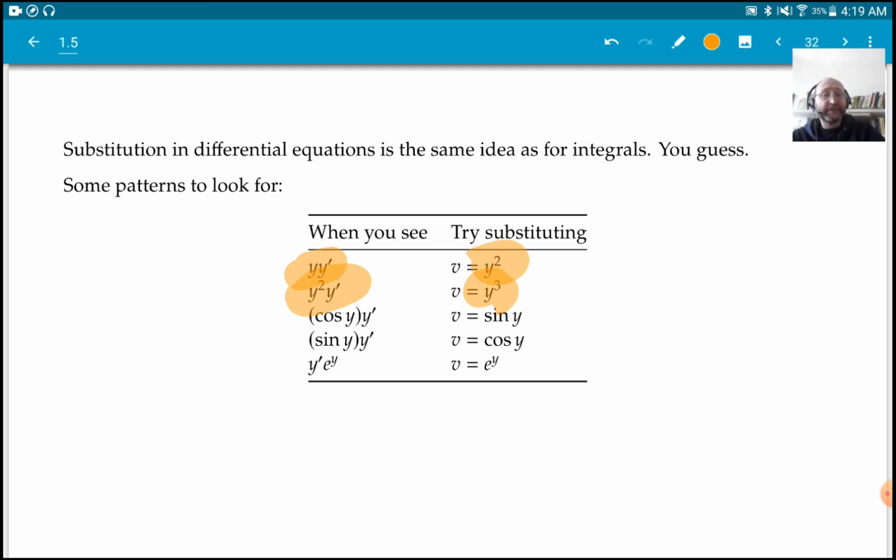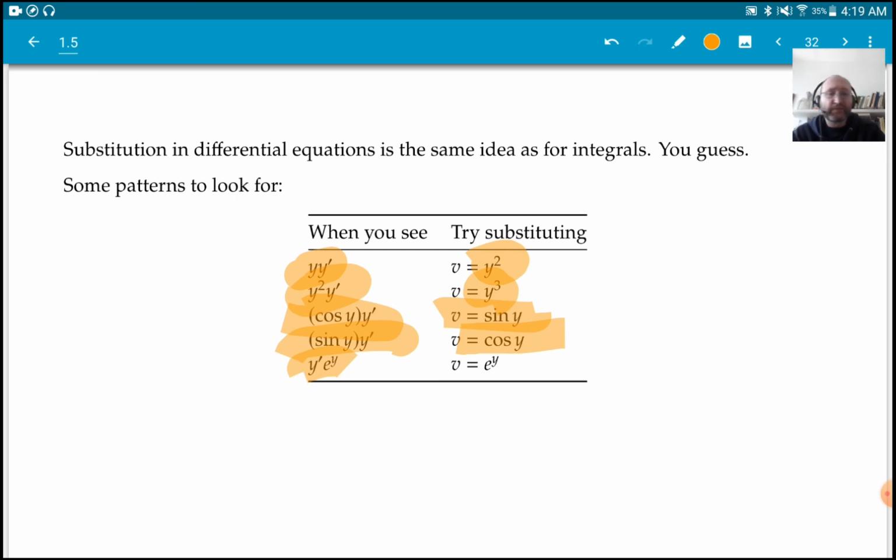So when you see y squared, try y cubed. It's not quite exact, the derivative would be 3y squared, but the constant gets lost in the substitution. Similar things for cosine y prime, you try sine y. Sine y prime, you try cosine y.